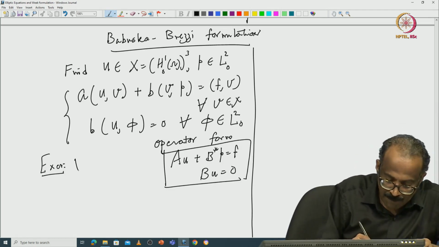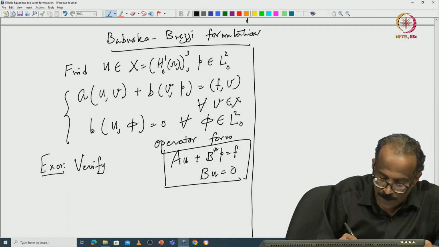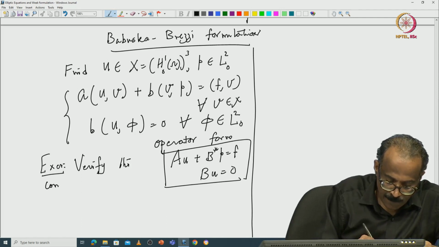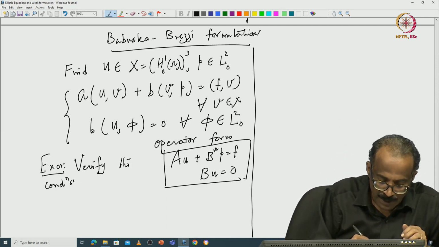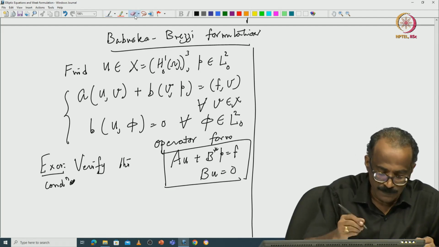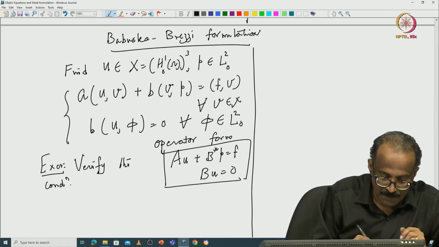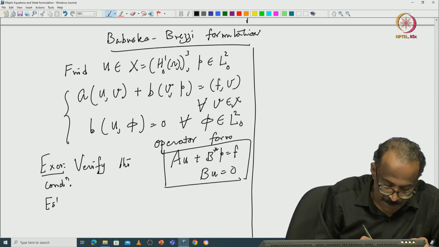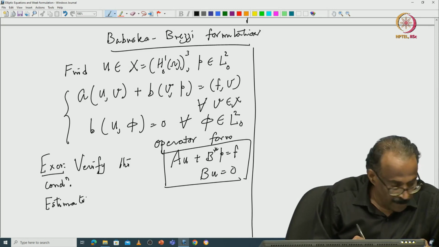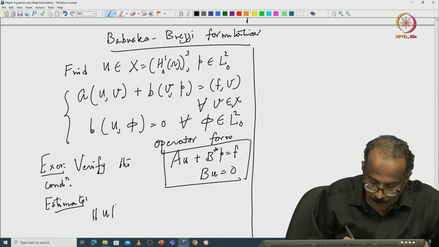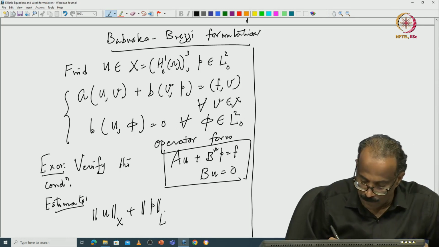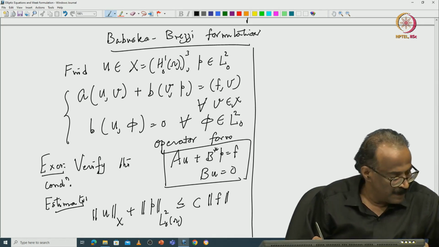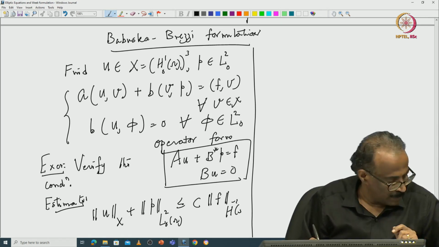So you can verify the conditions, namely the Babuska-Brezzi condition and the ellipticity on the kernel of B. And you can also get estimates, maybe you have to work a little more: the norm of u in X, H1 naught of omega cubed, plus the norm of p in L2 naught of omega is less than or equal to a constant times the norm of f in H minus 1 or L2, wherever you are using it.